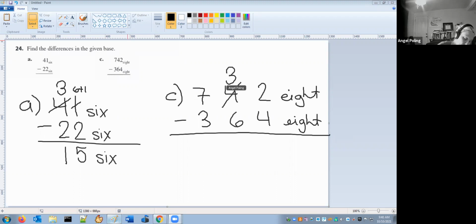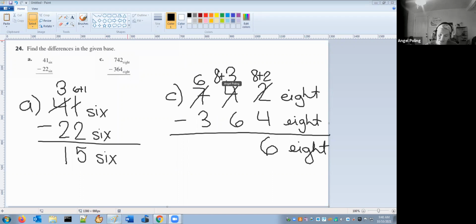But this time we're going to bring over 8. So we have 8 plus 2, which is 10. 10 take away 4 is 6. I'm going to write my little base 8 notation down. Now I'm going to try 6 away from 3, but I can't. So I'm going to borrow from my neighbor. And this time I'm going to bring a group of 8 over. So 8 plus 3, and I'm going to take away 6, which leaves me with 5.